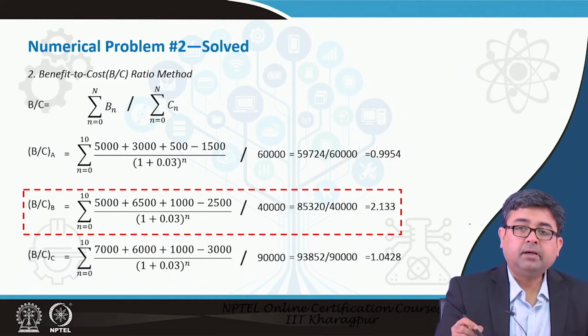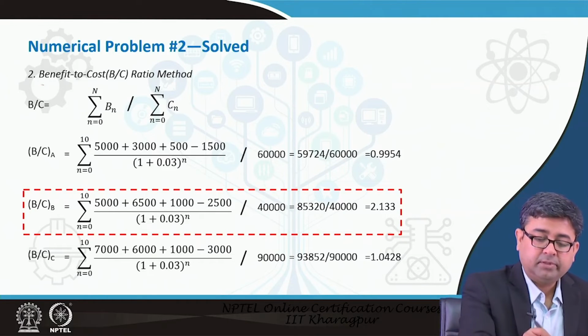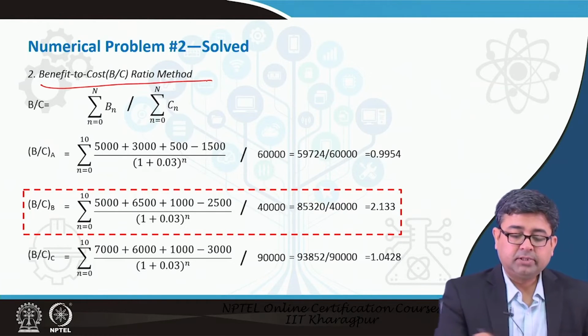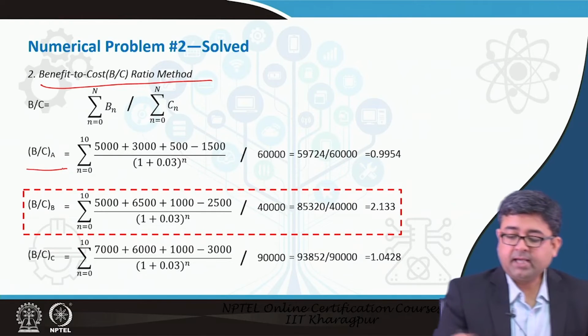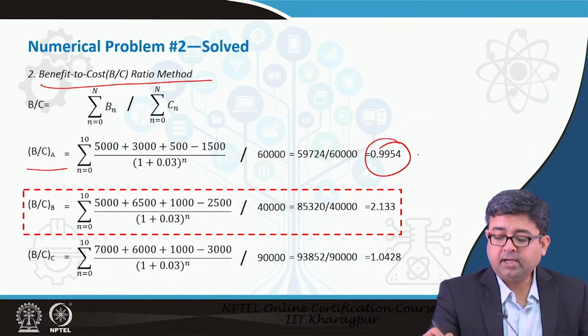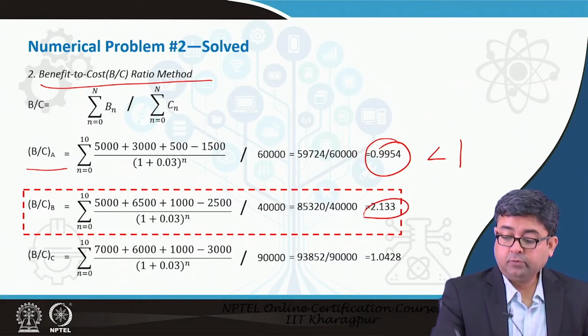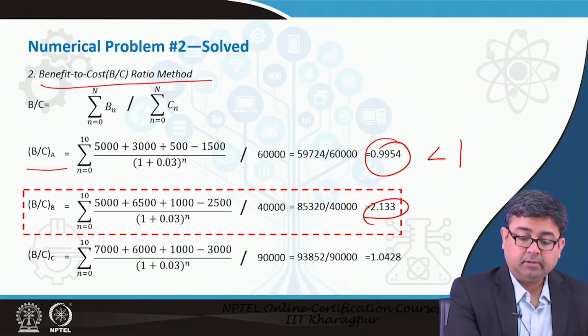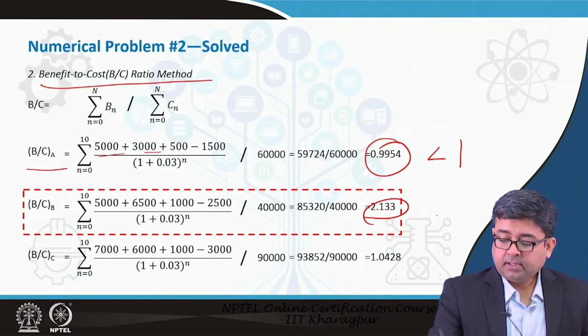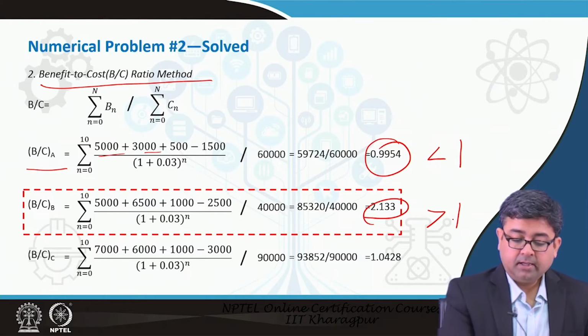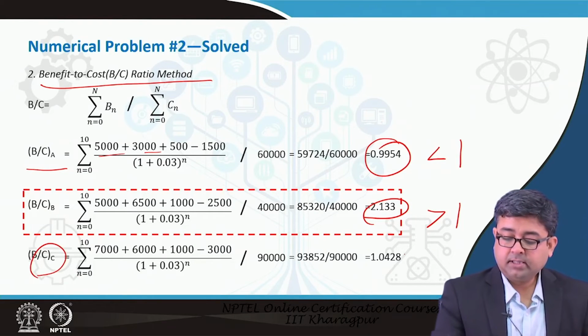Similarly, for the same problem, if you use the benefit to cost ratio, you would see that project A has a benefit to cost ratio of 0.99, which is again less than 1. Project B has a benefit to cost ratio of 2.13. The terms are all very similar to what we have already used, which is greater than 1, and project C also has a benefit to cost ratio of greater than 1.